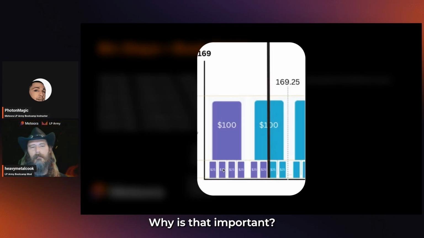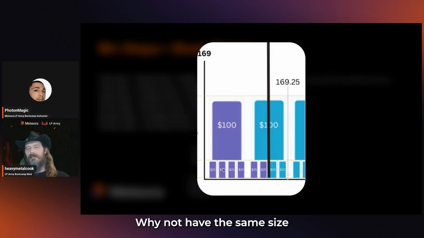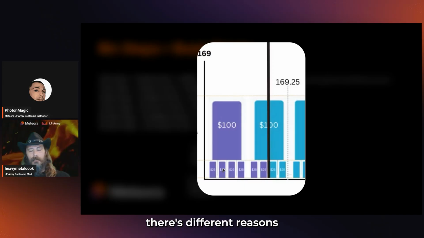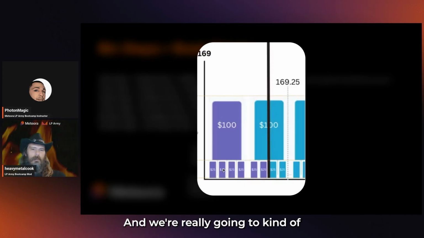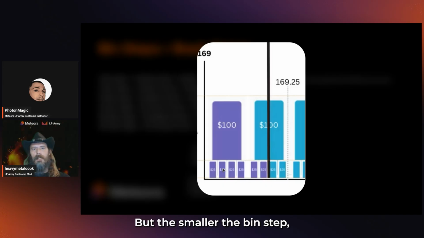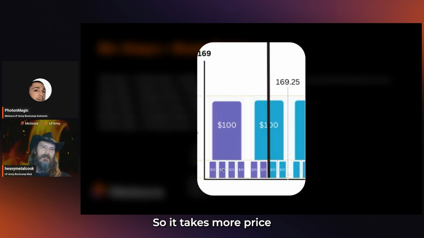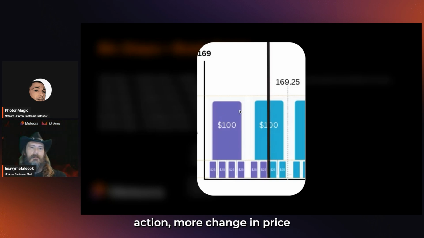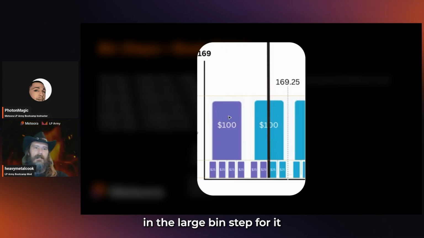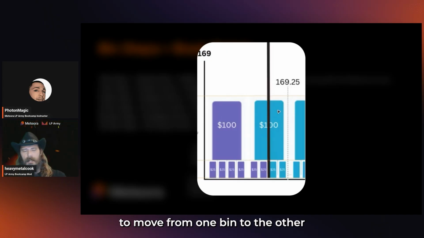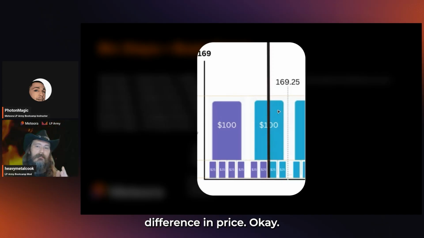Why is that important? Why not have the same size for everything? Well, there are different reasons for that, and we're really going to get into that. But the smaller the bin step, the more it can move, okay? It takes more price action, more change in price in the large bin step for it to move from one bin to the other, because it's a greater difference in price.